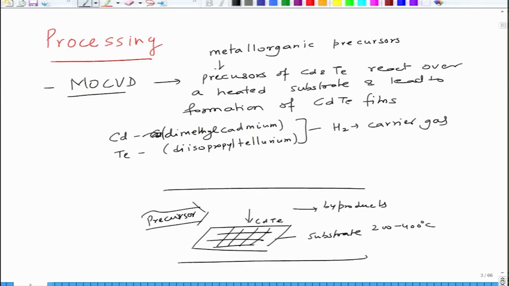So this is a very useful process, and it gives you columnar grains with a grain diameter of about 1 micron or so.